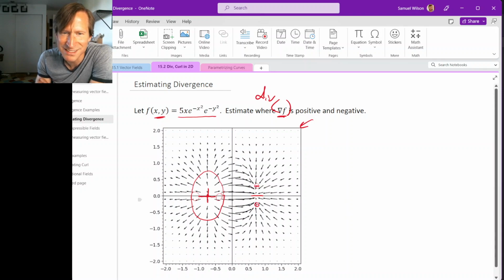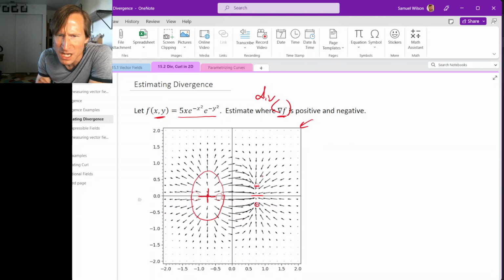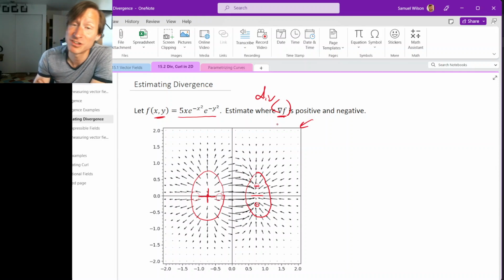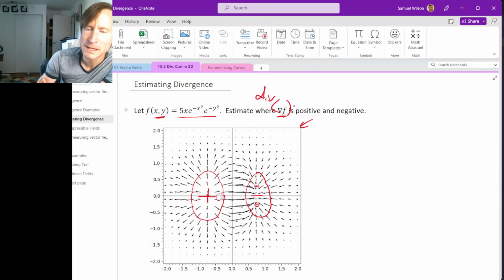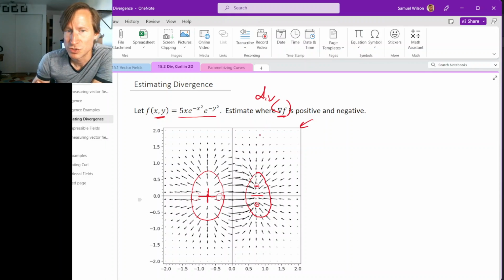So just like this left side had a patch where the divergence is positive, it looks like the right-hand side is going to have some patch, maybe the same size, where the divergence is negative. If we actually wanted to know exactly where this divergence is positive and negative, we could calculate the gradient and then calculate the divergence of the gradient. That would probably give us some messy inequality though, so let's not do that.